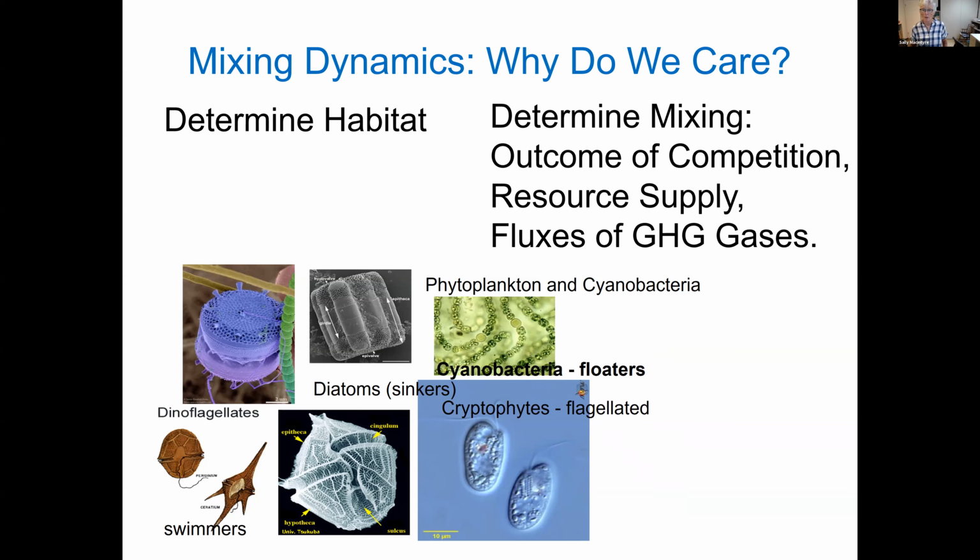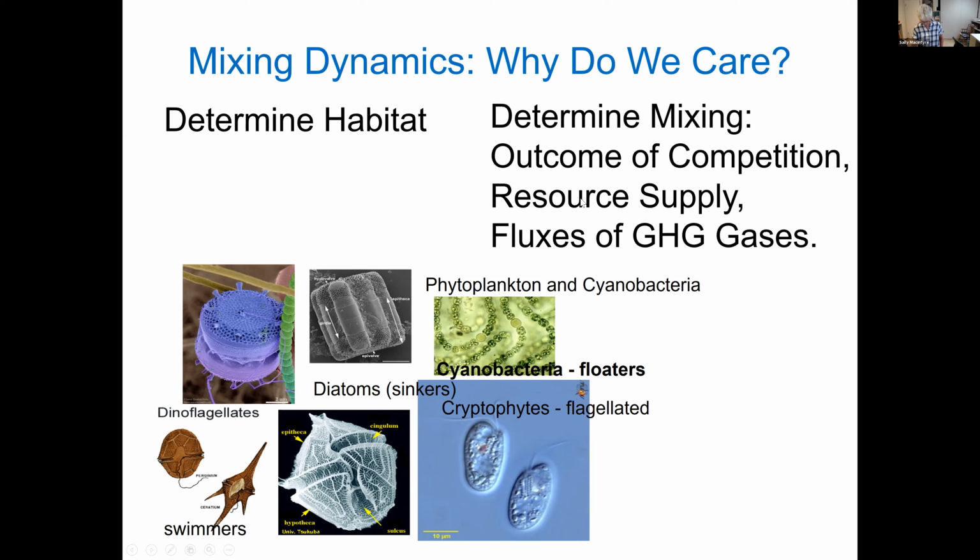So how much that water column is mixing might determine whether or not you have a diatom-dominated community or a cyanobacterial-dominated community. And then, of course, there's some of those phytoplankton that can swim, and they may be the ones who do really well also in a quiet water column where they can swim up to the light or they can swim down to where the nutrients are located. So that's about competition and habitat.